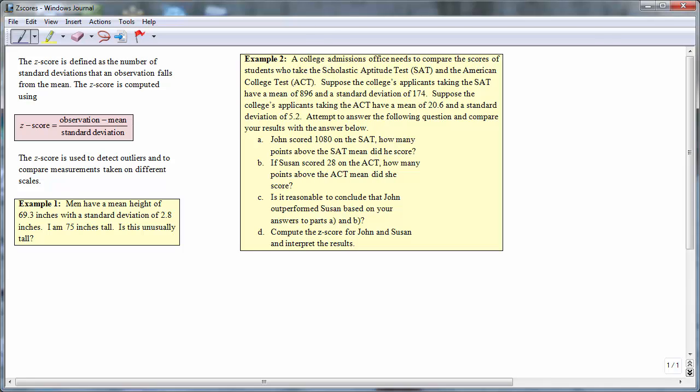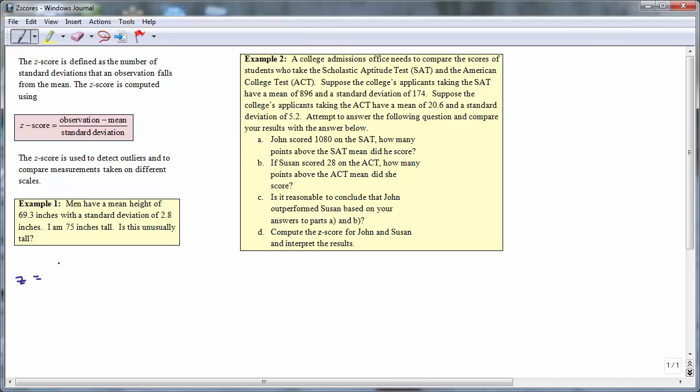In example 1, men have a mean height of 69.3 inches with a standard deviation of 2.8 inches. I am 75 inches tall. Is this unusually tall? So the first step would be to compute the z-score.